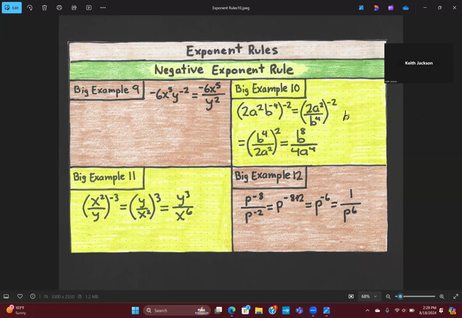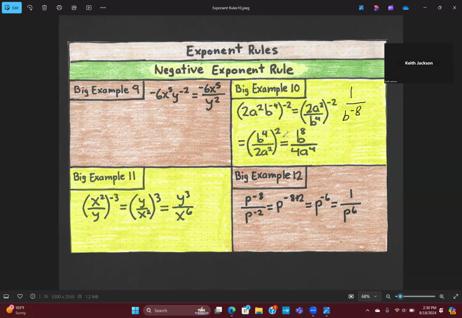That's going to give us b raised to the negative eighth power in the denominator. Now, if we have a negative exponent in the denominator, then it automatically becomes positive, and we have to put it in the numerator, just like we did right here. And so now it becomes b raised to the eighth power, because b raised to the fourth power raised to the second power would give us b raised to the eighth power.